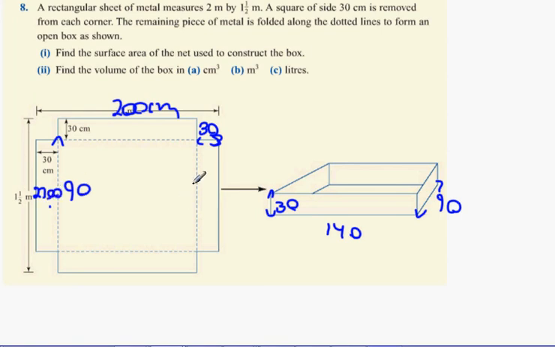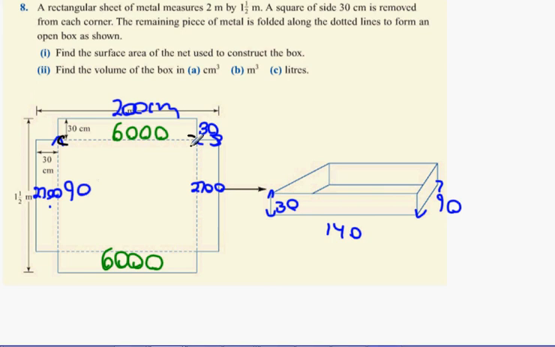This one here is also 2,700. What about 200 times 30? 6,000. The front one is also 6,000, and then finally in the middle, it's going to be 90 times 140.